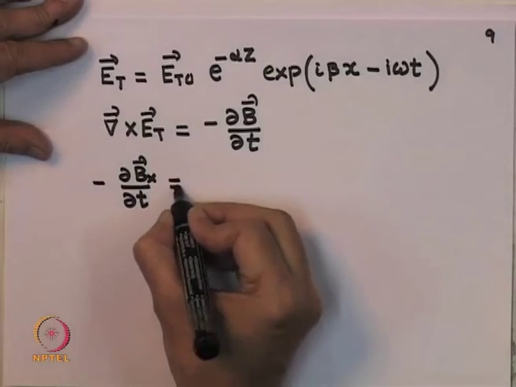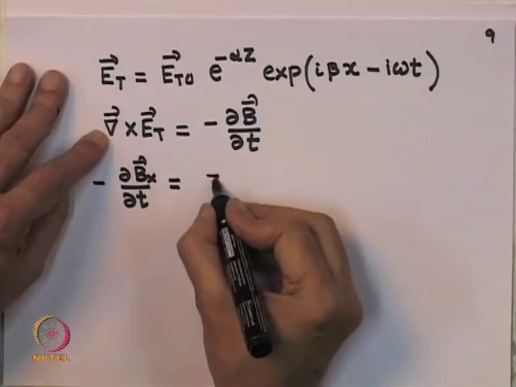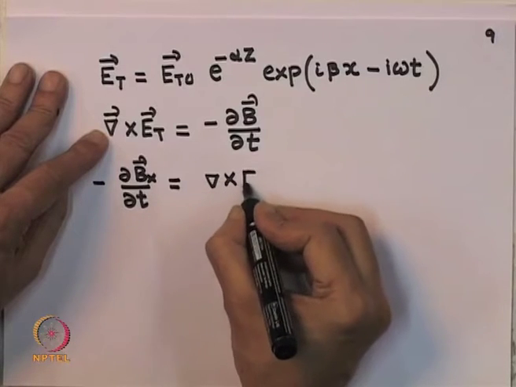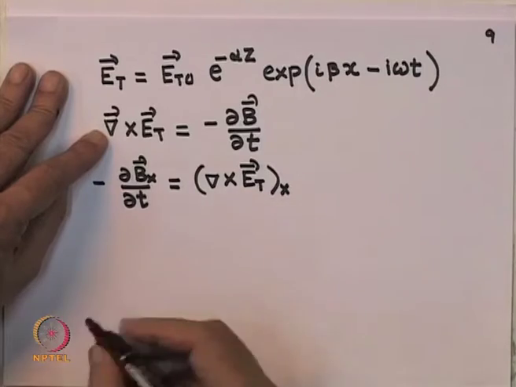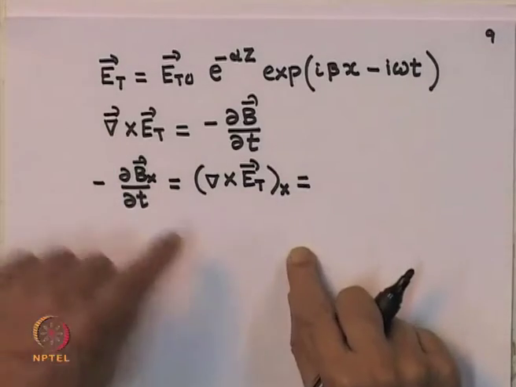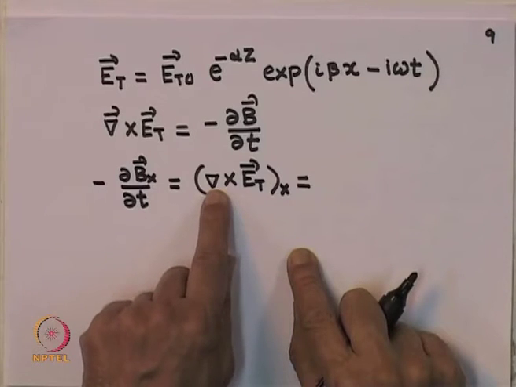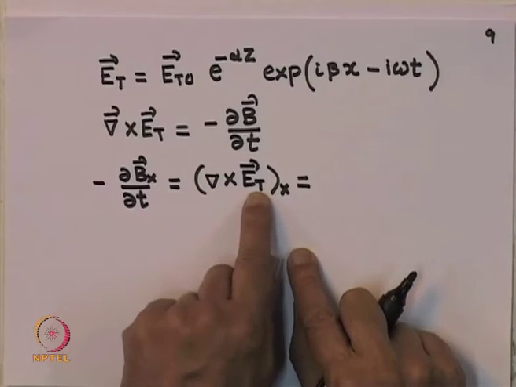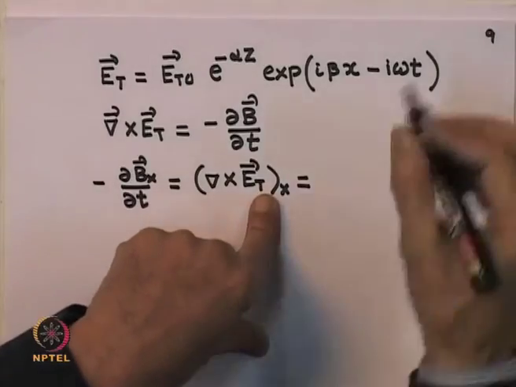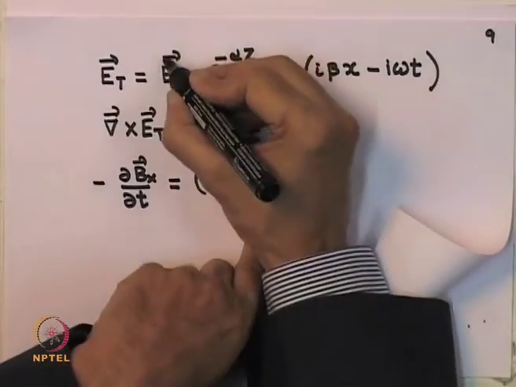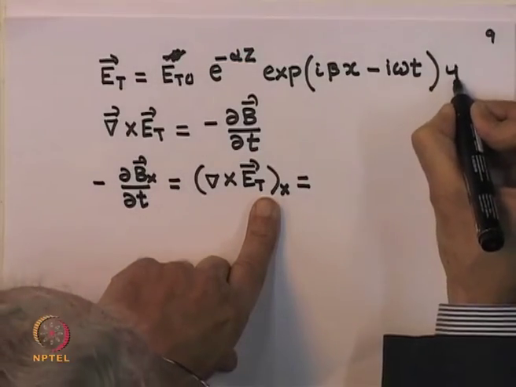This is equal to del cross E_t's x component, which is d by dy of E_tz, but I am taking the electric field because it is p polarized.